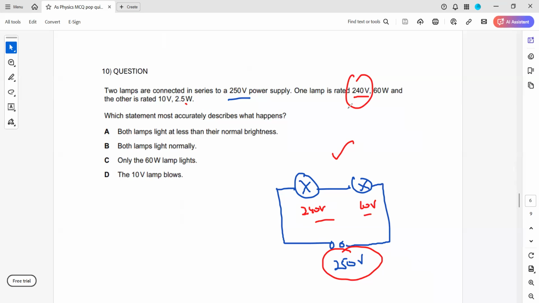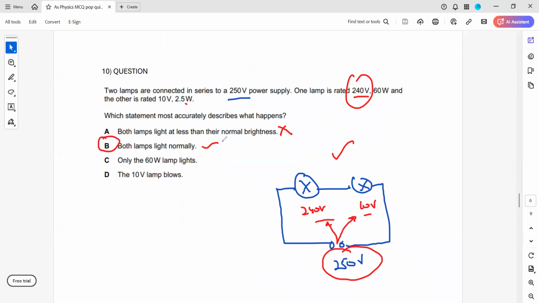So this is a possibility. Both lamps light at normal brightness, not less than normal brightness, because the 250 can divide into 240 and 10. Both lamps light normally. Yes, that is the right statement.